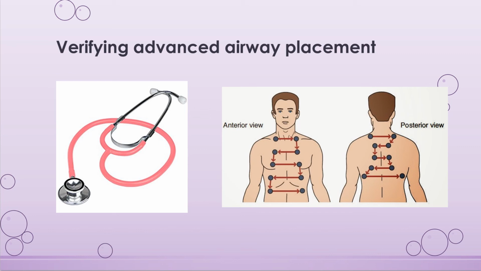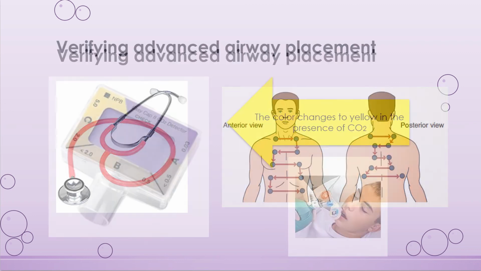So the first thing we're going to do is take out our trusty stethoscope and listen. If the patient's intubated correctly, you're going to hear good lung sounds. This is a textbook picture, but we're going to listen to the front and, if we can, posterior. And if we have good placement, we'll have good air movement and we'll be able to auscultate lung sounds.